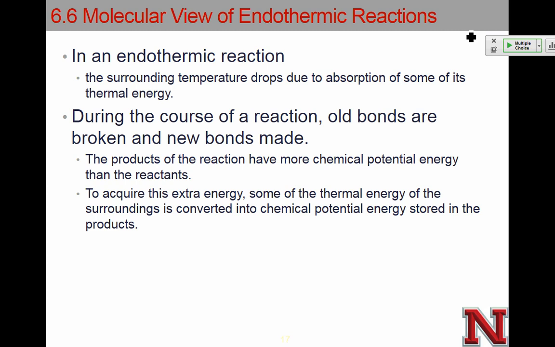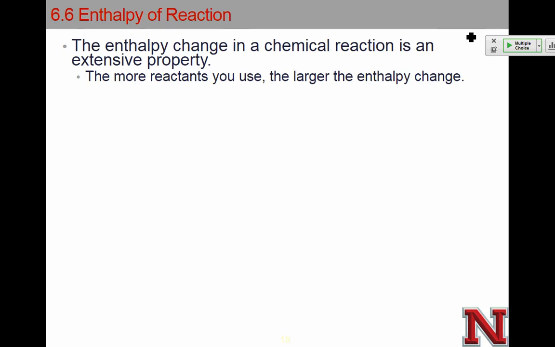But either way, we're breaking and forming new bonds. And again, this is a state function. The difference in the energy of our reactants and products doesn't change, though the way we get from reactants to products might change based on our experimental conditions. So again, that is a state function.